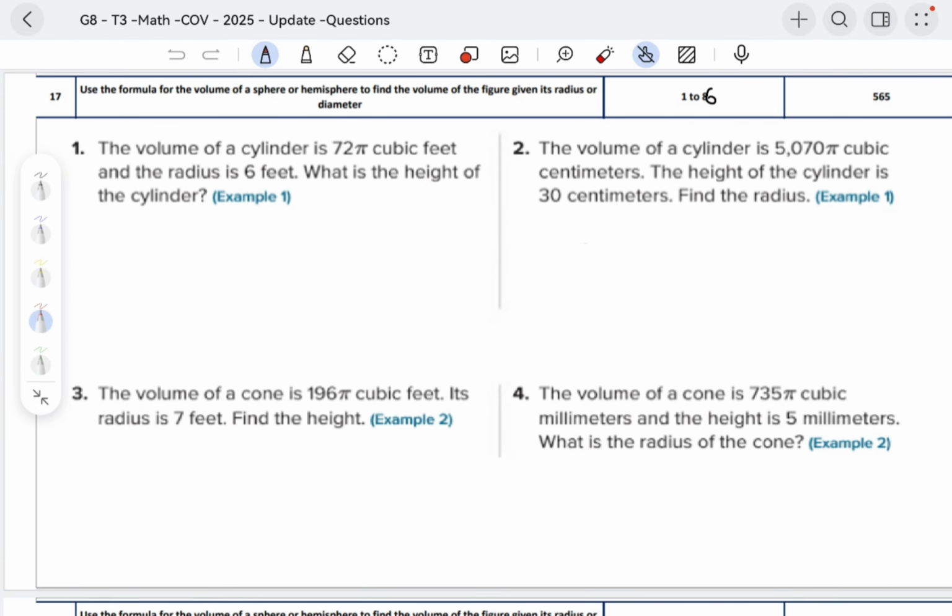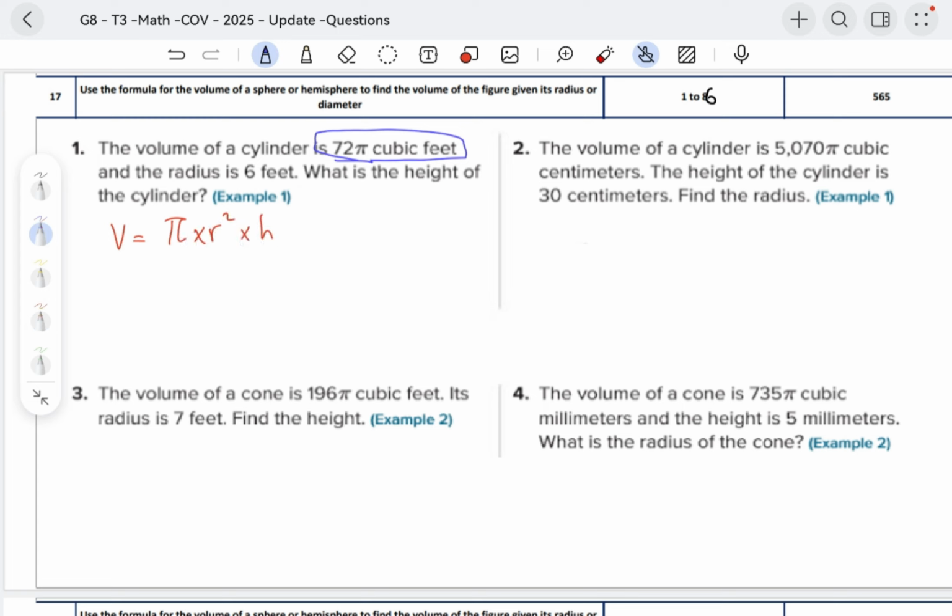Okay, now for question number 1. Here they gave me the volume and asked me to find the height of the cylinder. One more time, the question says the volume of a cylinder is 72 pi cubic feet. This is the volume, and the radius is 6 feet. What is the height? So first let's write the formula. Since here we have a cylinder, the volume of a cylinder is pi times the radius squared times the height.